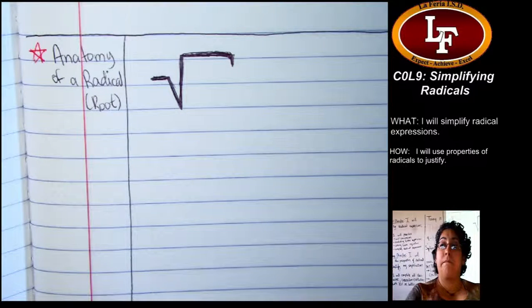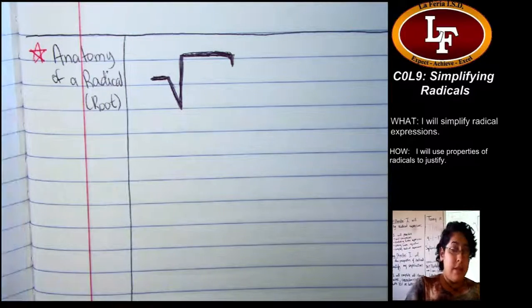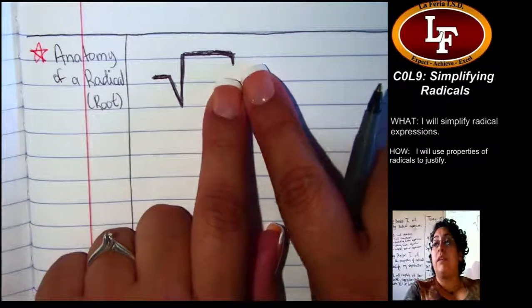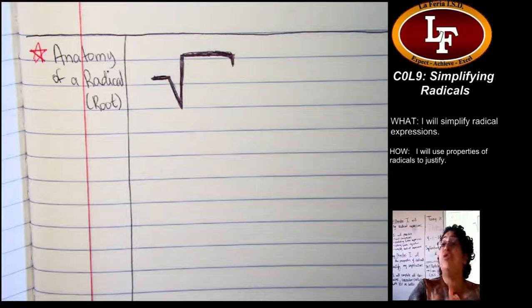All right. We're working on the anatomy of a radical. This symbol, I was telling you that I put a tail on it when I write it because when I was in high school and college, I kept doing my radical problems wrong whenever I had to work with them.